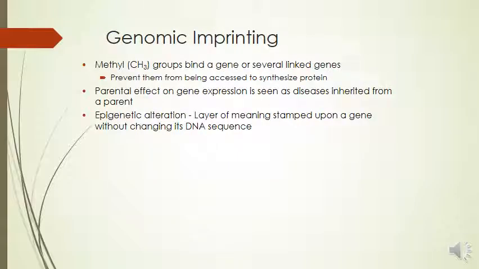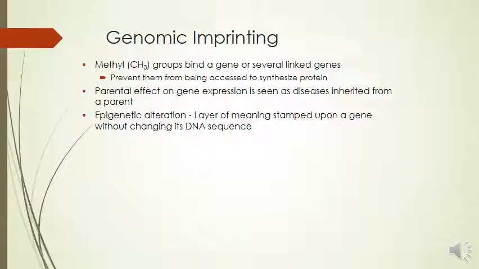In genomic imprinting, if you remember, we have methyl groups, and the methyl groups bind a gene or several linked genes. They prevent them from being accessed to synthesize a protein. The parental effect on gene expression is seen as diseases inherited from a parent.